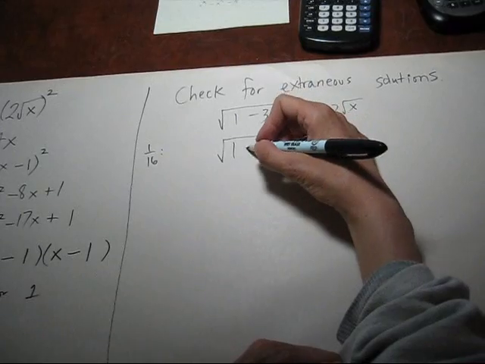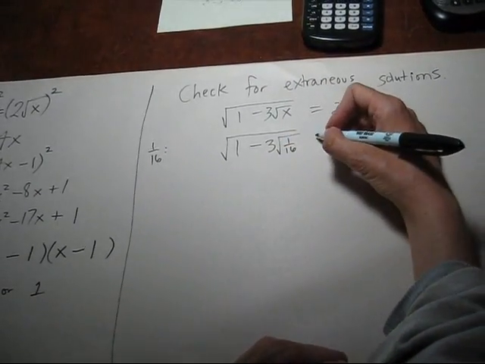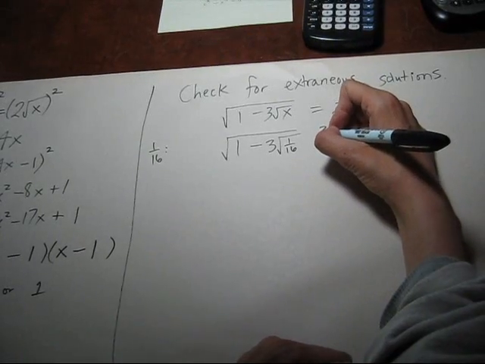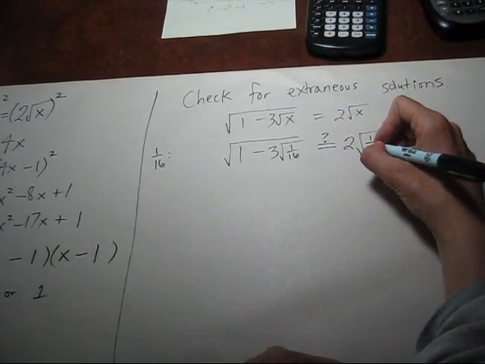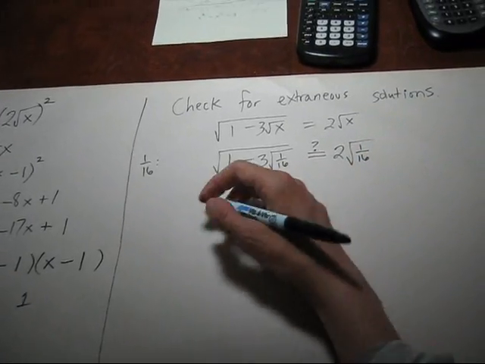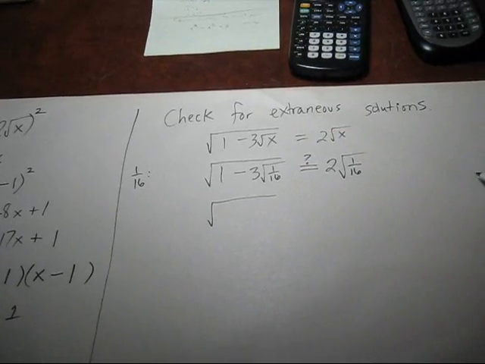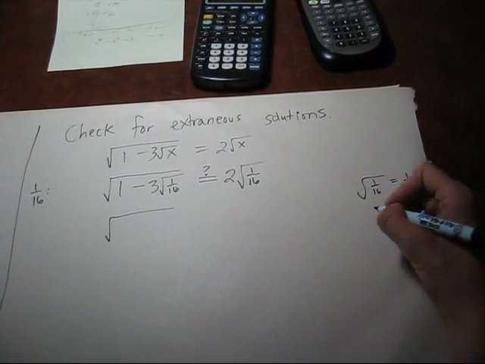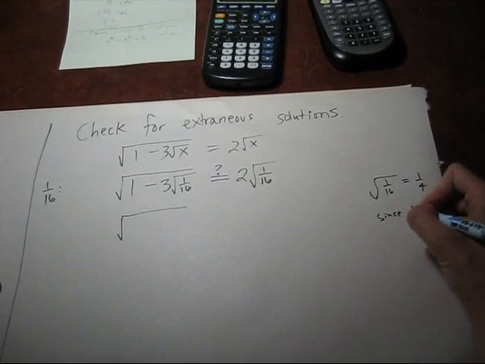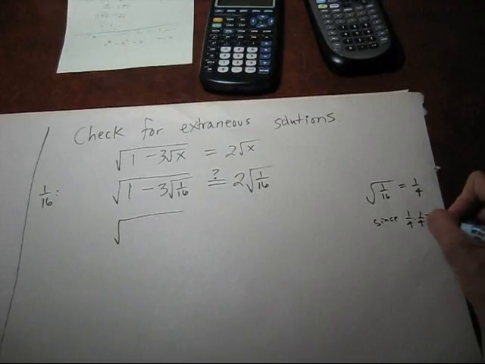So we have 1 minus 3 times the square root of 1/16. Okay, I'm going to put a question mark over my equals. I don't know that they're equal. Okay, so the square root of 1/16 equals a fourth, since 1/4 times 1/4 gives you back that 1/16.